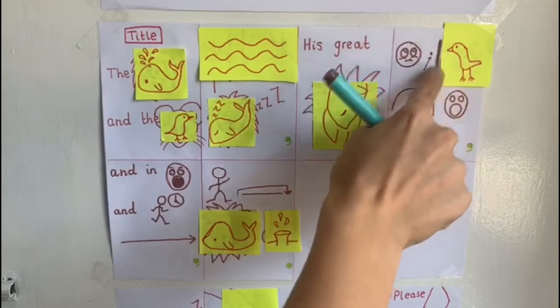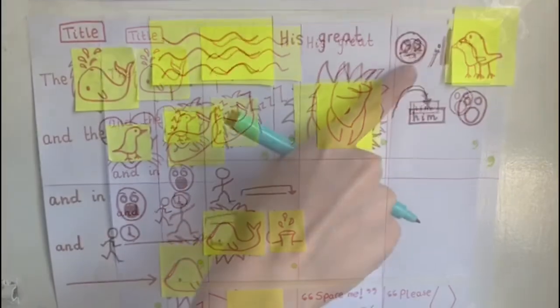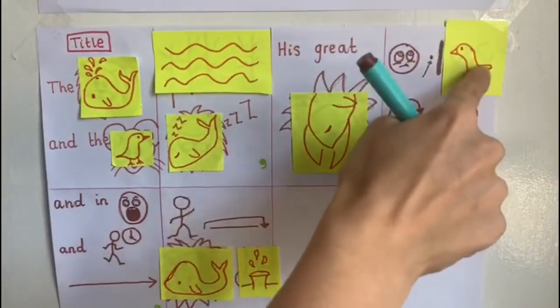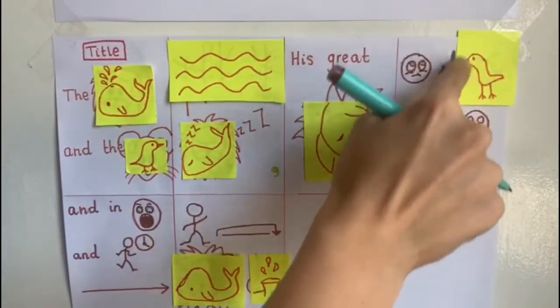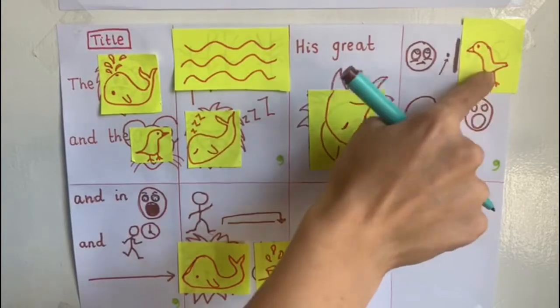Now we are up to the next part. A timid little bird came upon him unexpectedly. Now your character is going to be different here. A timid little.